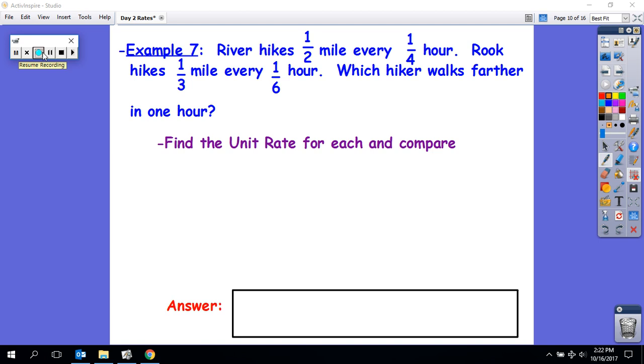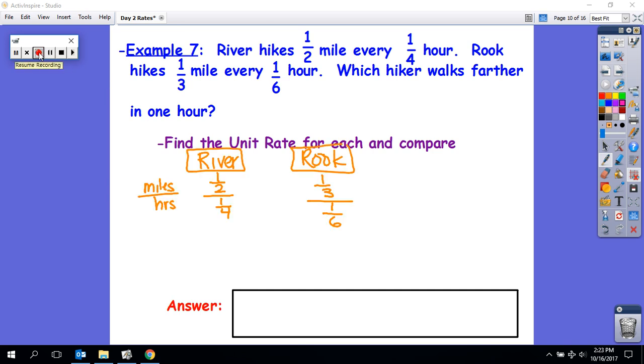River hikes 1/2 of a mile every 1/4 of an hour. Rook hikes 1/3 of a mile every 1/6 of an hour. Who walks further in 1 hour? So again, we're going to set up our ratios as miles over hours. And then we're going to compare. So when you set up your unit rate for River and Rook, you have 2 complex fractions that you'll need to solve.